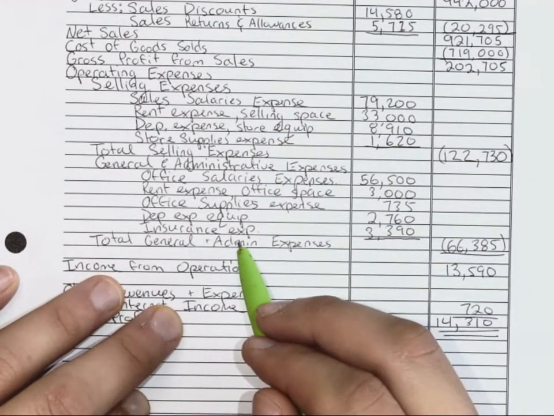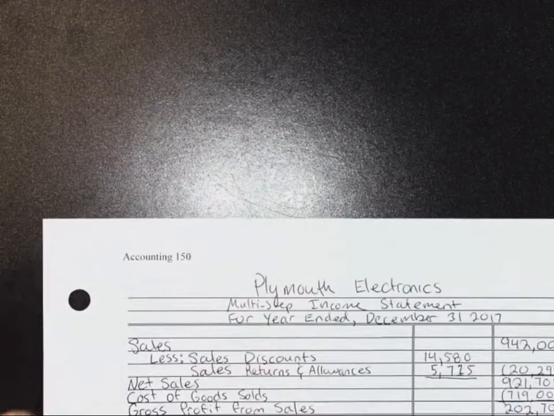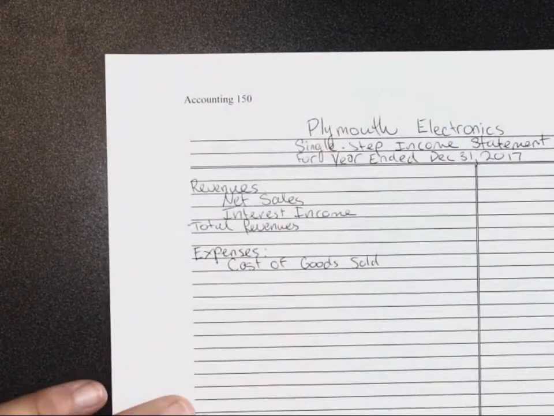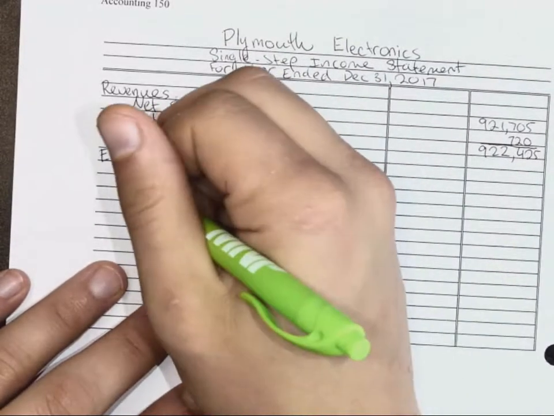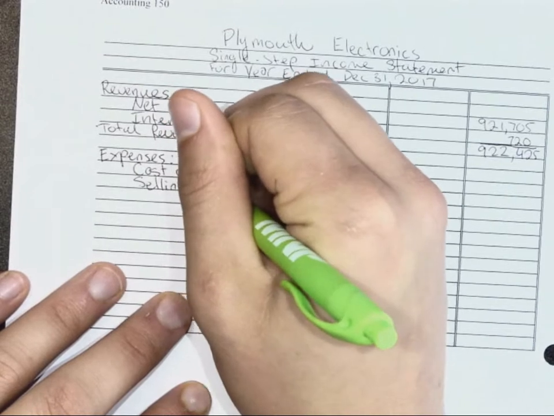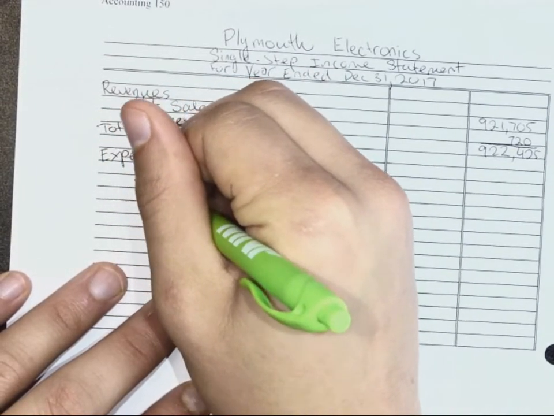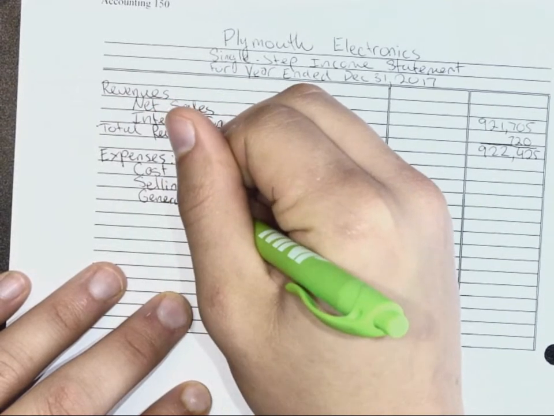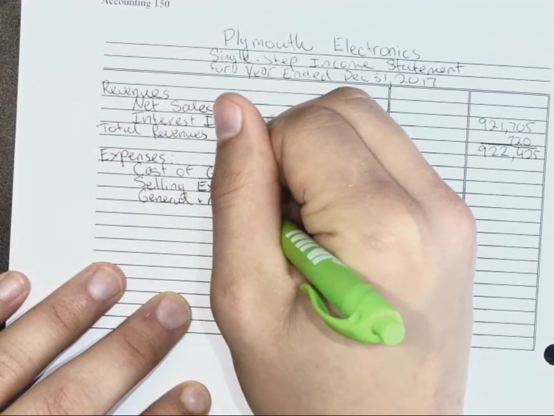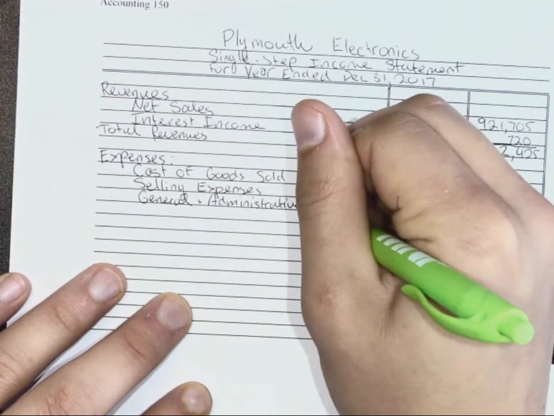So our total general and administrative, total selling, and our cost of goods sold. So cost of goods sold, selling expenses, general and administrative expenses.